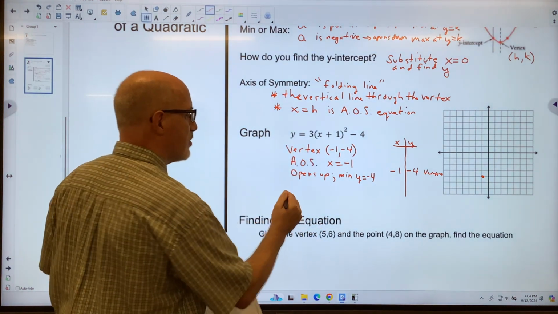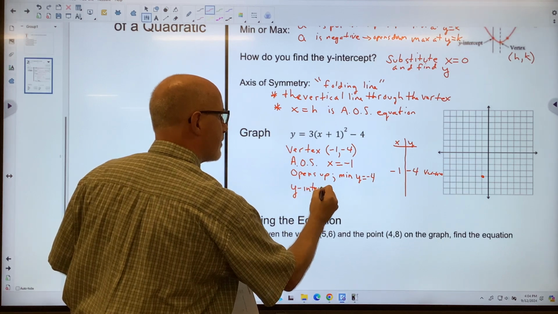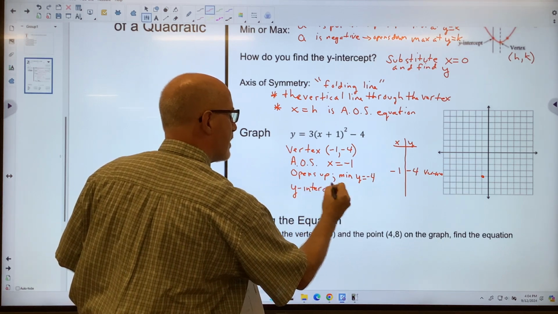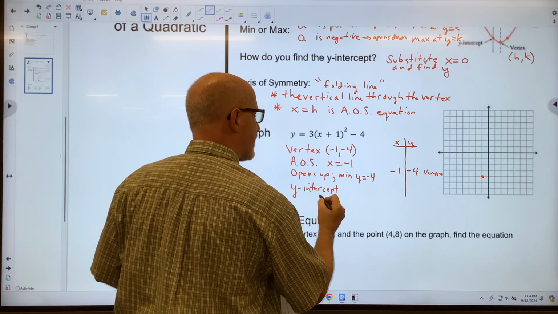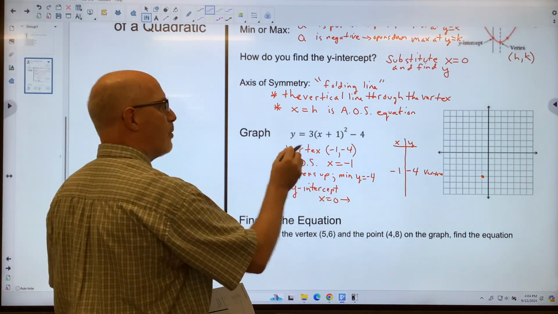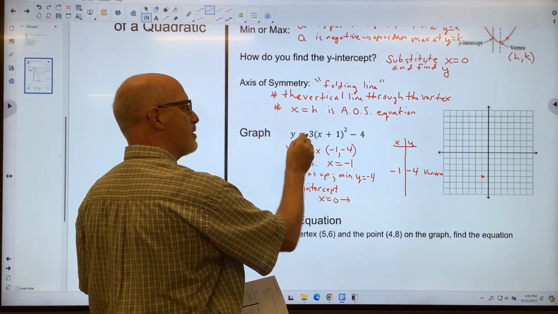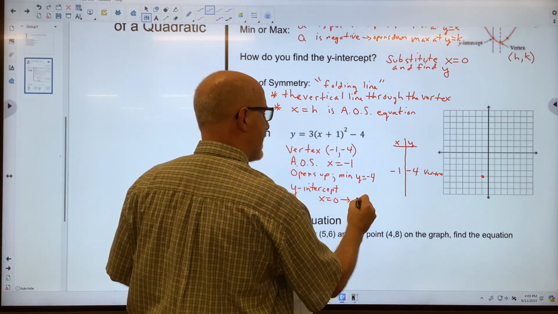Okay, and lastly, let's do the y-intercept. For the y-intercept, you put in x equals 0, and you get out, 1 squared is 1, times 3 is 3, 3 minus 4 is -1.